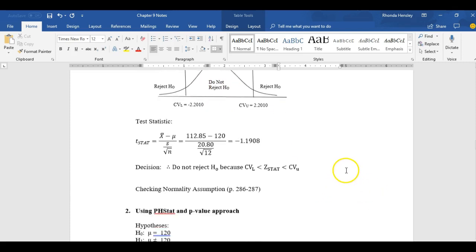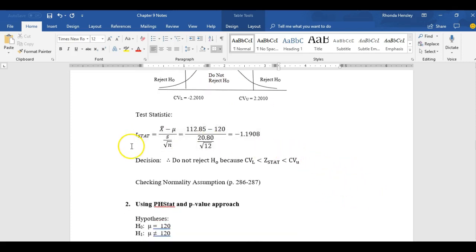Our formula for our test statistic is almost the same. The only difference is in the notation shown in the denominator. They use an S for standard deviation instead of the sigma that we used when we got it from the population. So your numbers all go in, and you end up with a test statistic of negative 1.1908. This value falls between the lower critical value and the upper critical value.